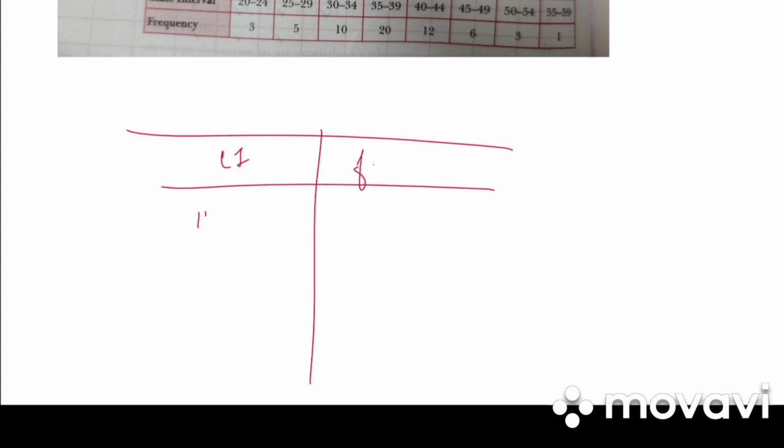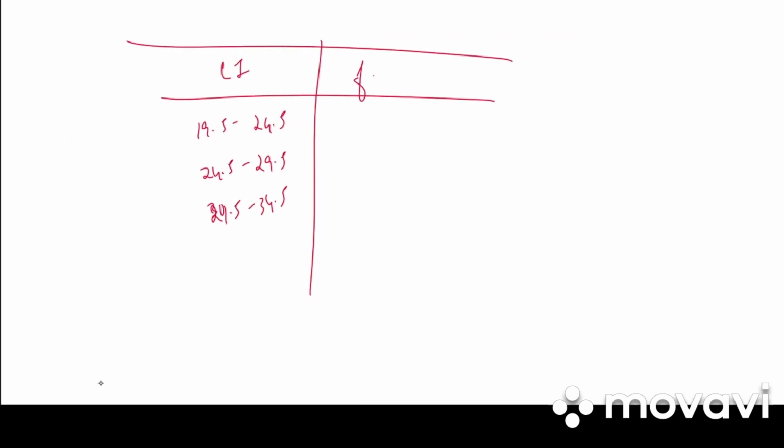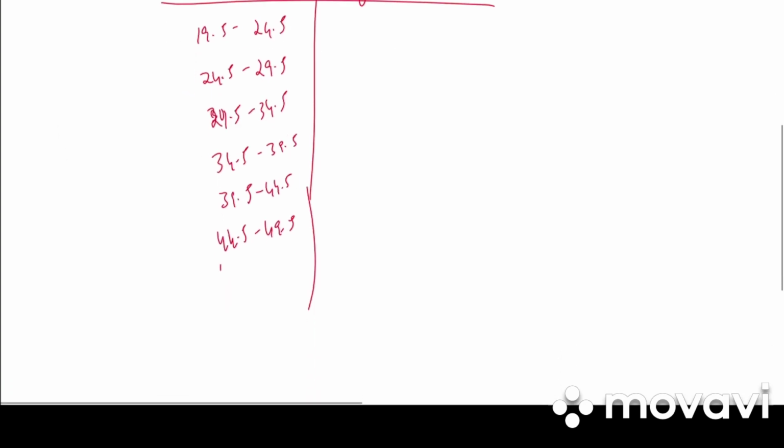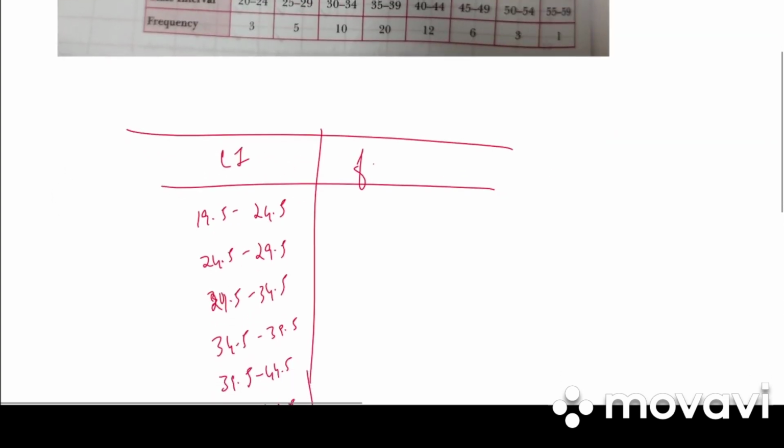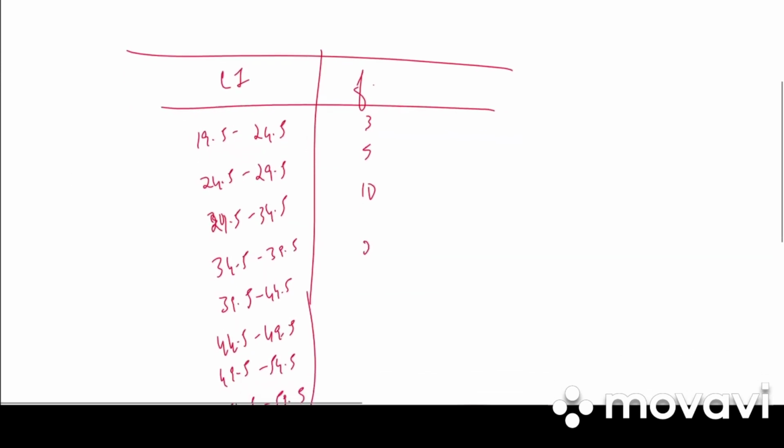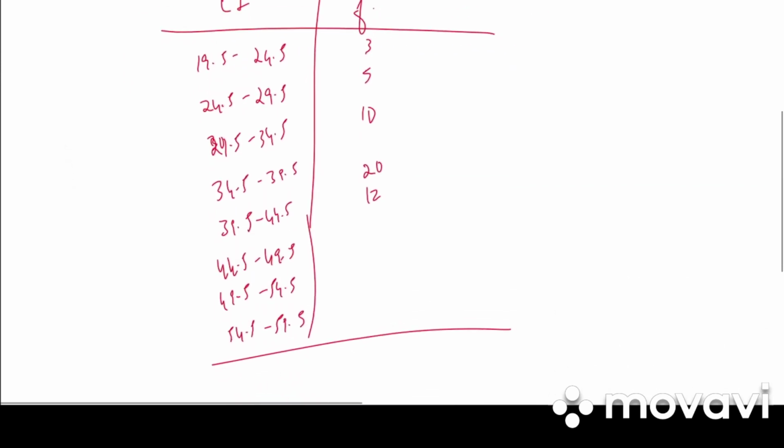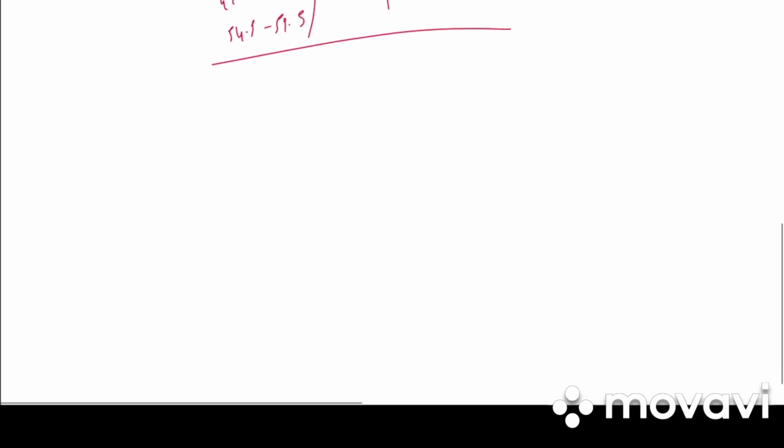So it will be 19.5 to 24.5, 24.5 to 29.5, 29.5 to 34.5, 34.5 to 39.5, 39.5 to 44.5, 44.5 to 49.5, 49.5 to 54.5, 54.5 to 59.5. Frequency will be as it is: 3, 5, 10, 20, 12, 6, 3, 1.